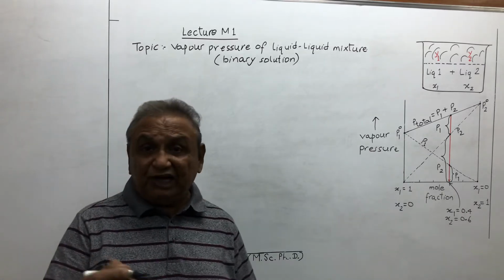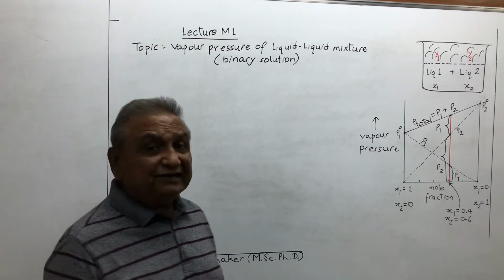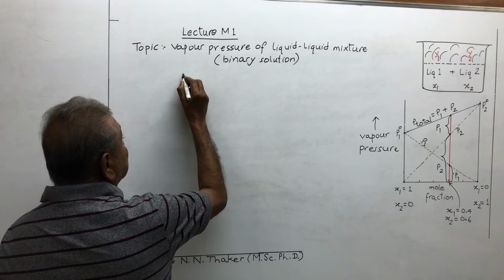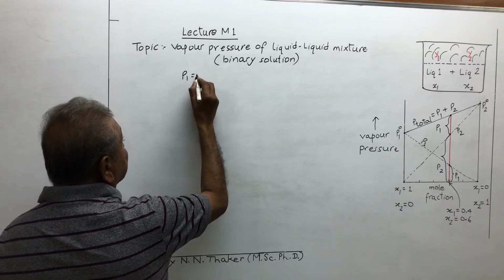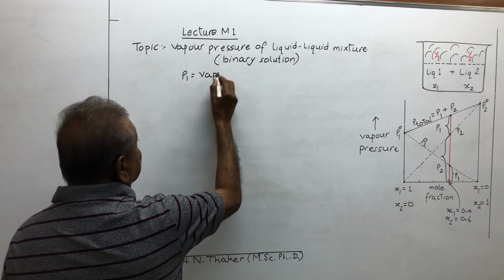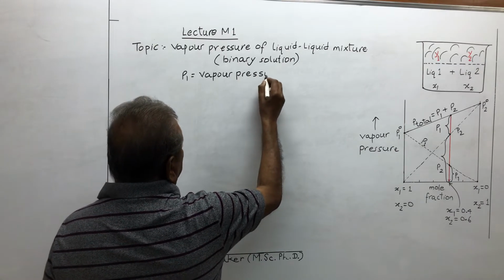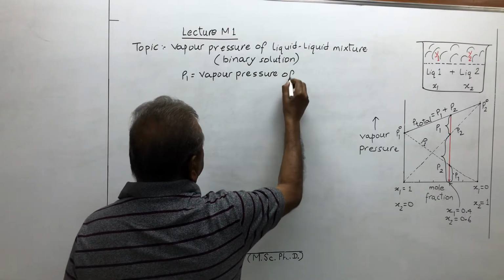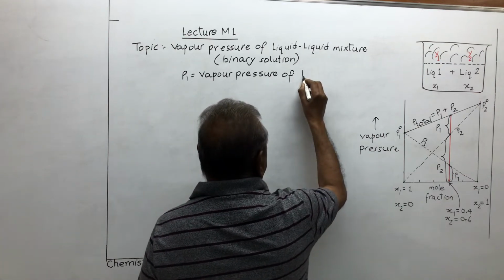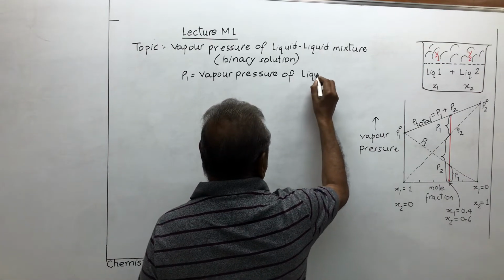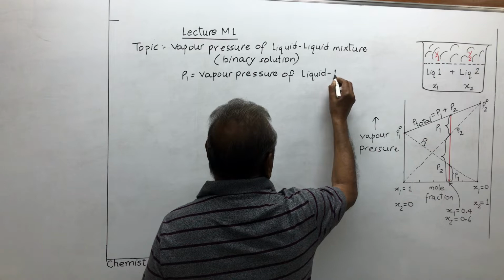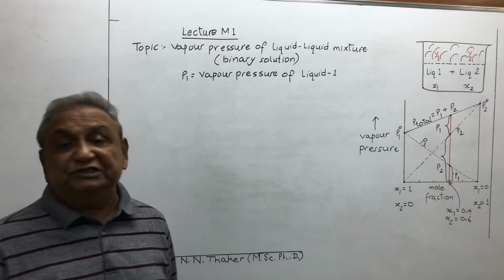Both the liquids are volatile. Let P1 equal to vapor pressure of liquid 1 at a certain temperature.